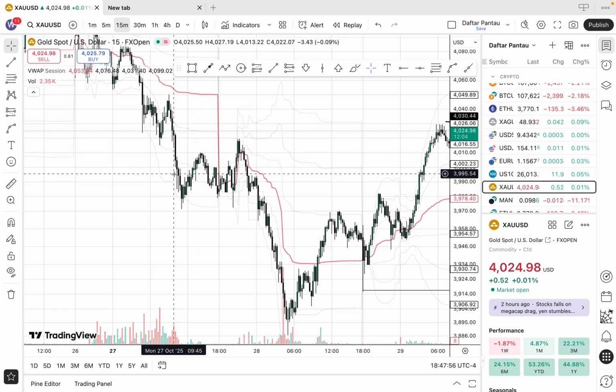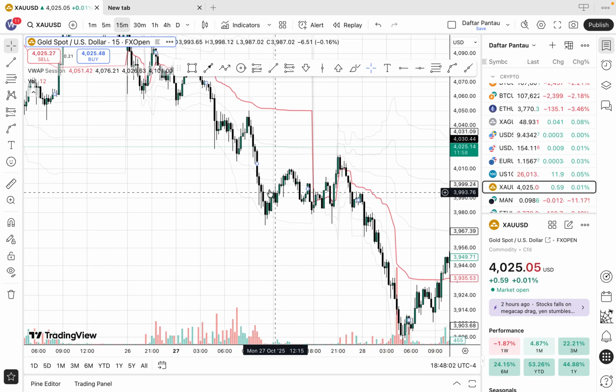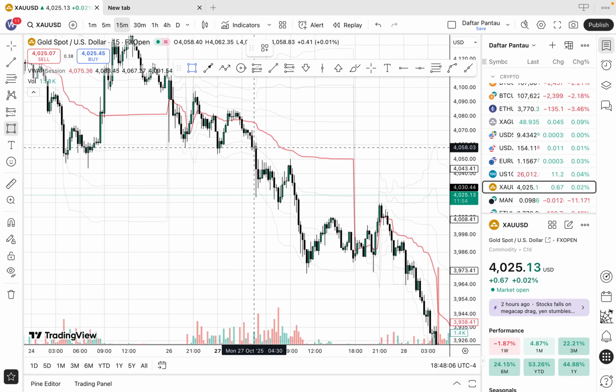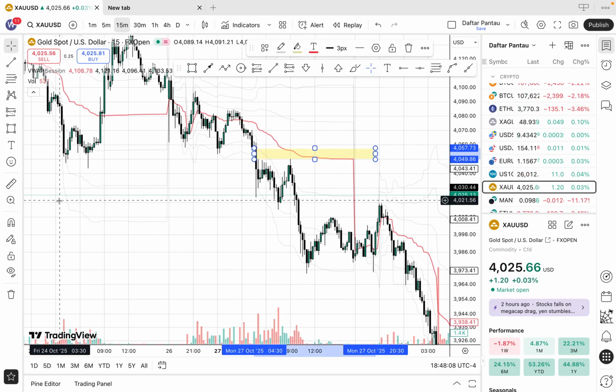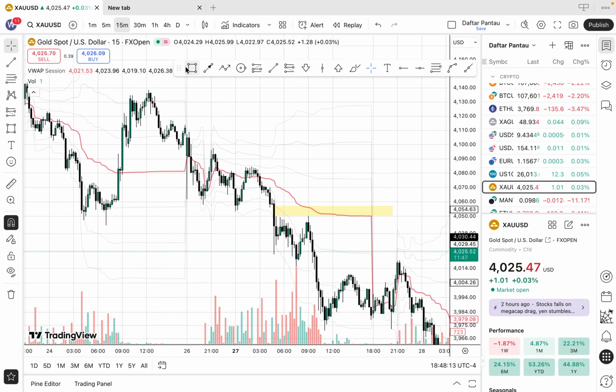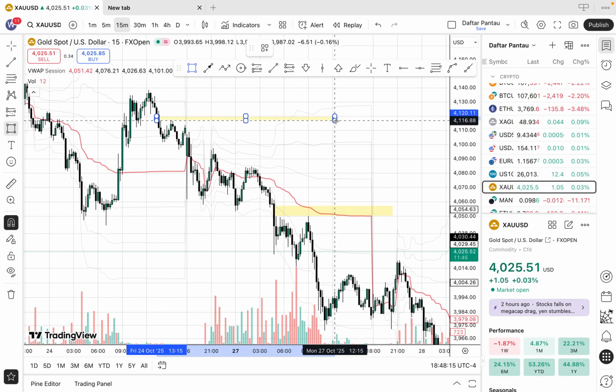The second candle of the three candles must be the fair value gap. Okay, let's see. This is a fair value gap. We can click at the mark here, and this is a fair value gap also.